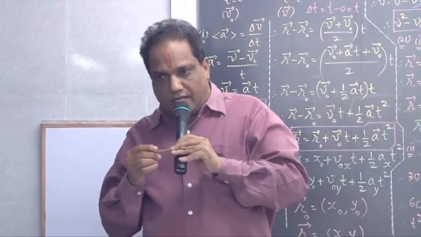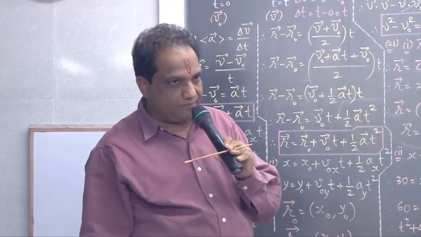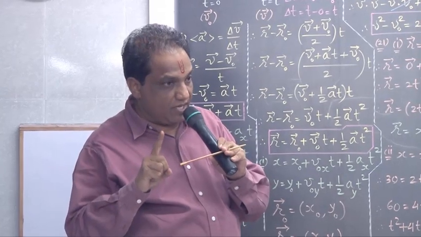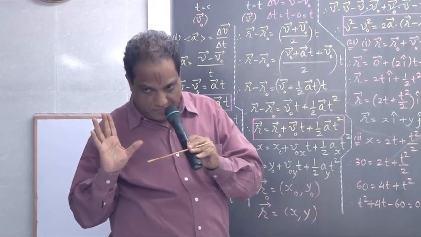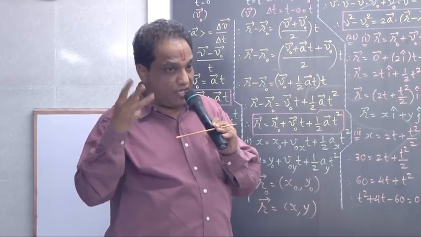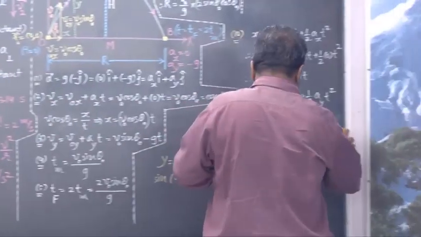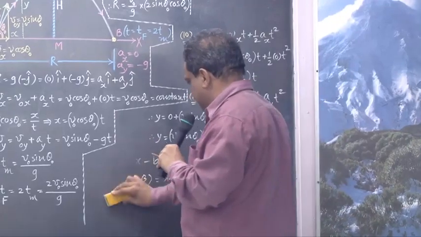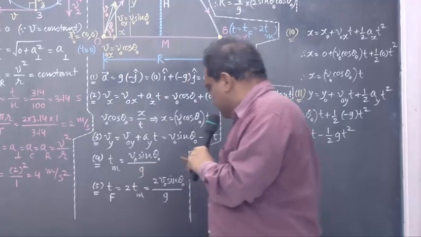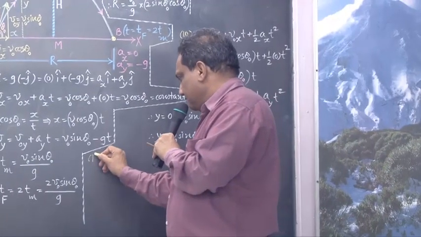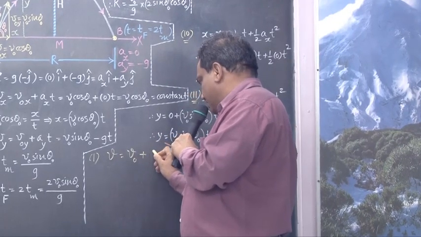Okay? Earlier in this chapter, we had studied equations of linear motion with a constant linear acceleration. Let us recall those three equations. The first equation: V equals V0 plus AT.